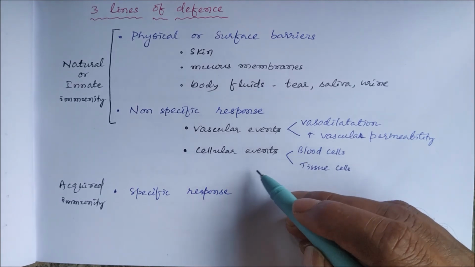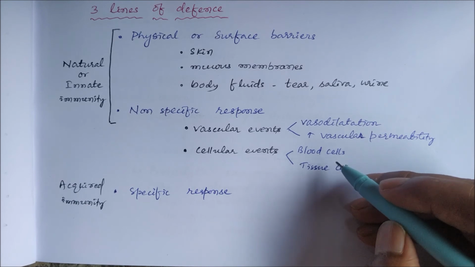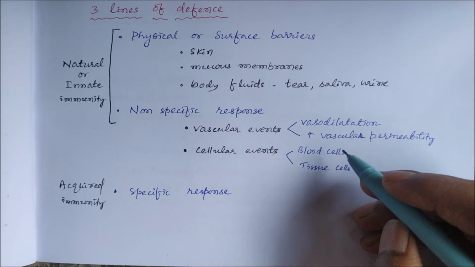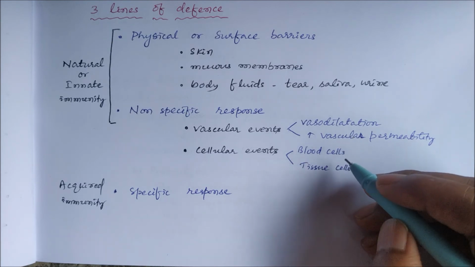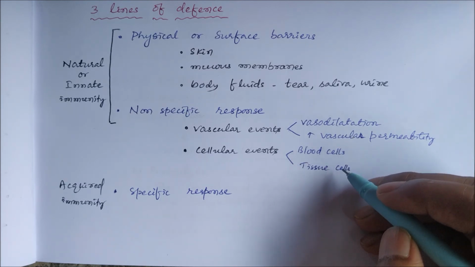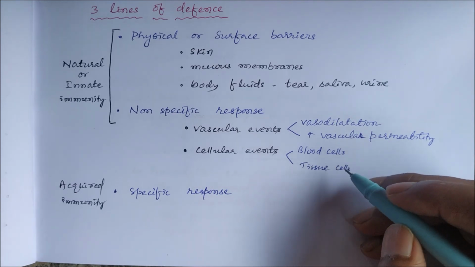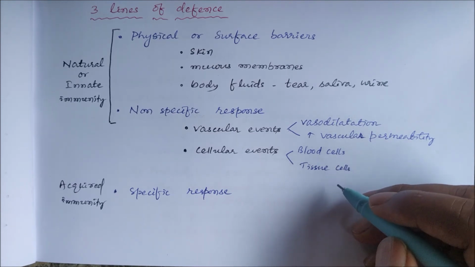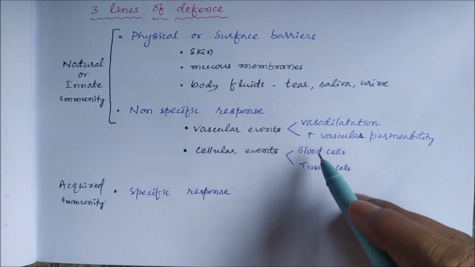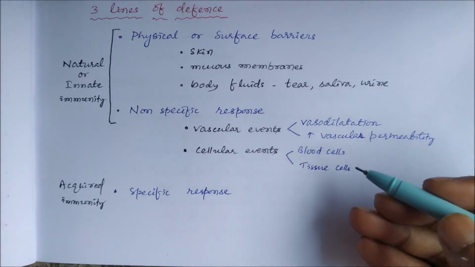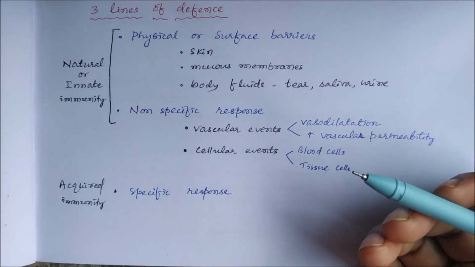Similarly, the cellular events include blood cells like neutrophils, eosinophils, basophils, lymphocytes, monocytes, and other cells like natural killer cells and dendritic cells. All these cells are mediators of the immune response. That is called the cellular event.